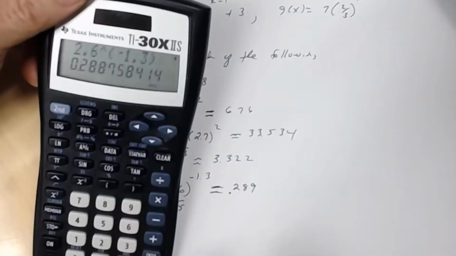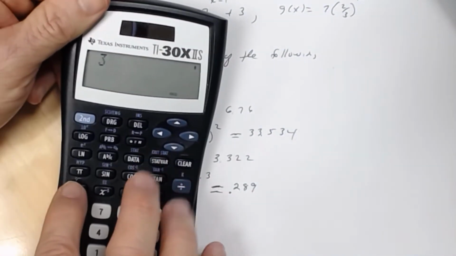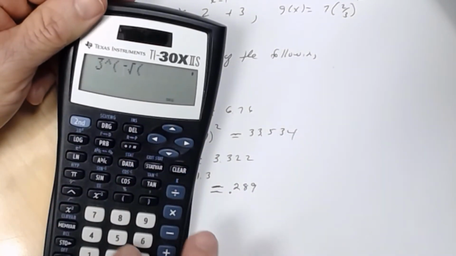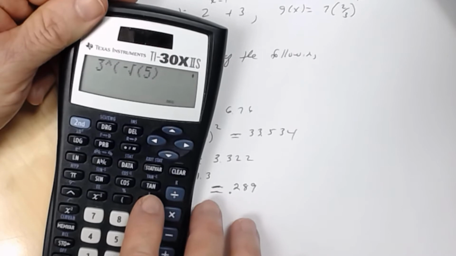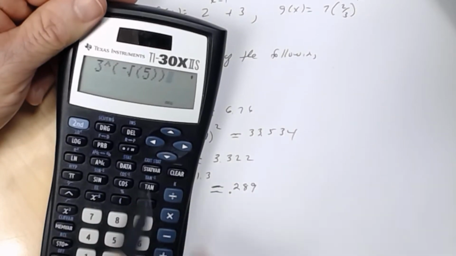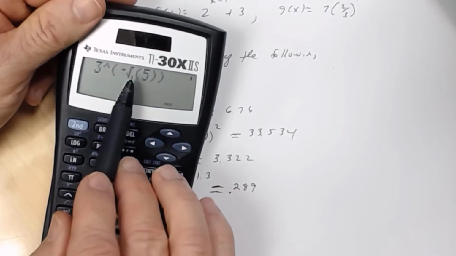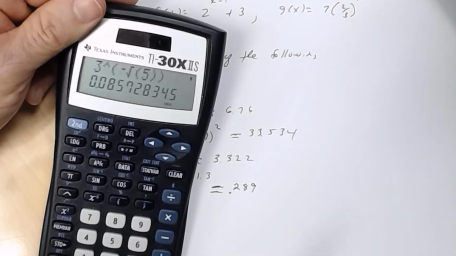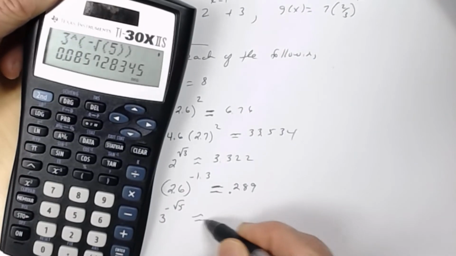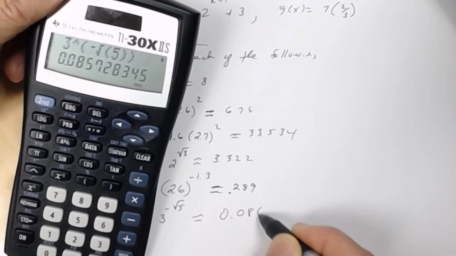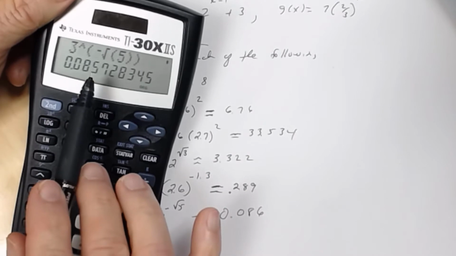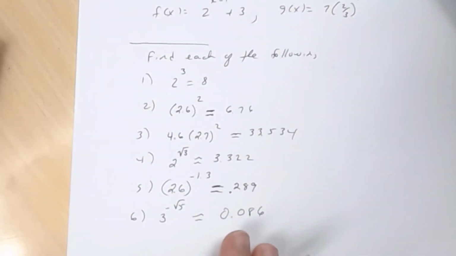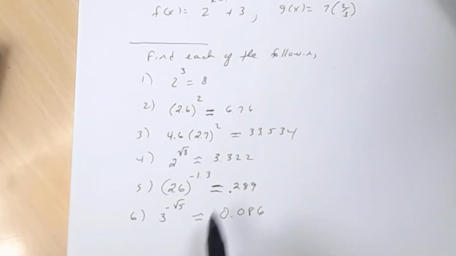So we're going to say 3 raised to the, right here, in parentheses, negative square root 5, close the parentheses, close that, because remember you had 2 sets of parentheses. So I closed the 5, and then I got to close that exponent. Press equal, and you get approximately 0.086, okay, thousandths place.